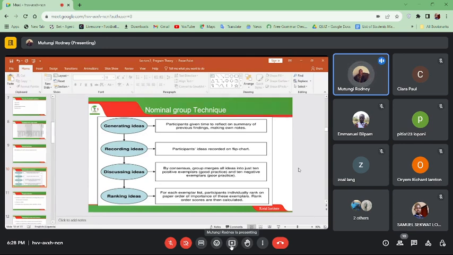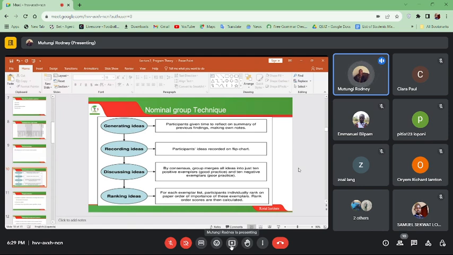Okay, you say these could be the ones that were well done, and these are the ones which were not well done, which will be the negative and the positive exemplars. So after that, when you have discussed these ideas, then you rank them. Which one was the biggest in terms of being well done?